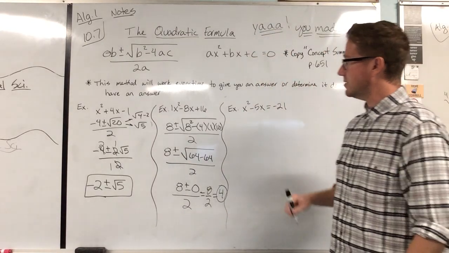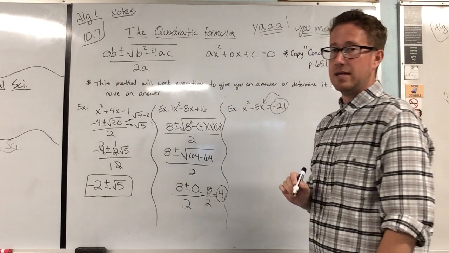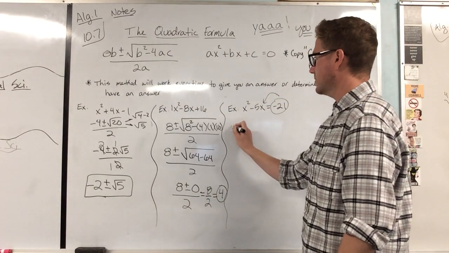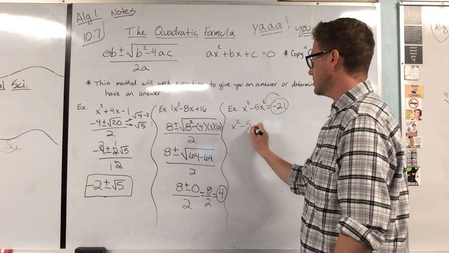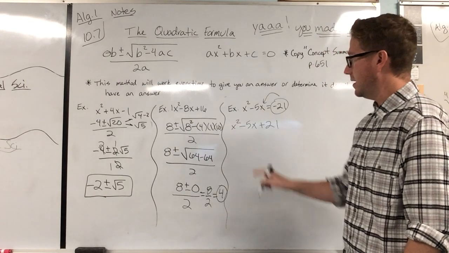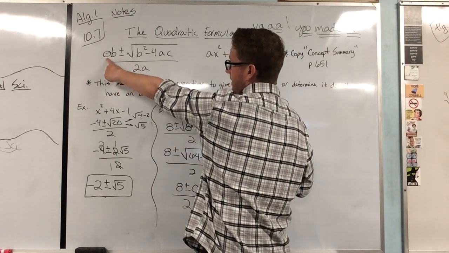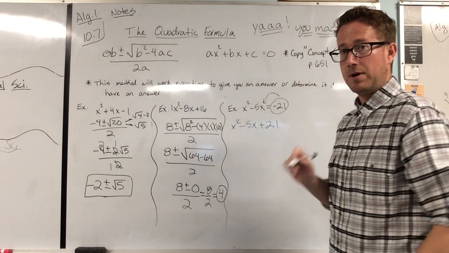All right, let's take a look at this one right here. We got a negative 21 on the outside. We need to bring that in so everything is all together. So x squared minus 5x now plus 21. Okay, and again, negative and negative are going to make that 5 become positive.